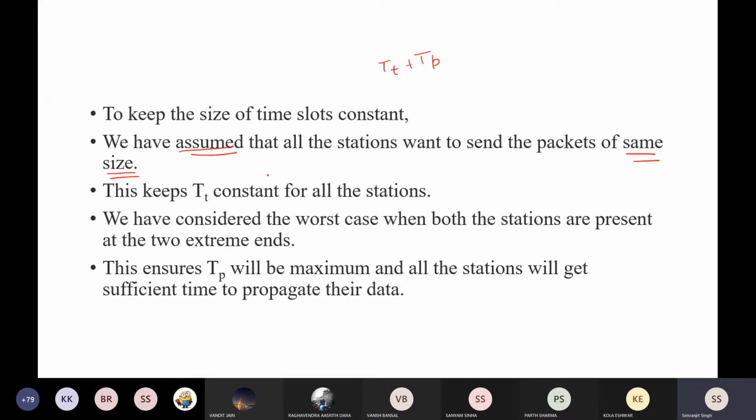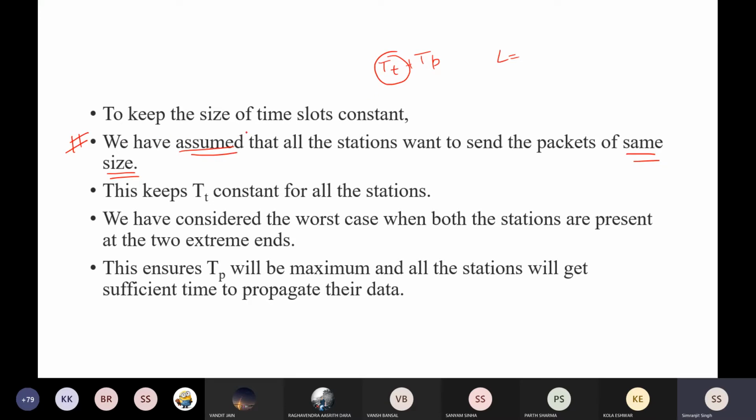I already told you that the assumption is that every packet takes the same amount of time for transmission. If it takes the same amount of time, it means the length of every packet is similar. So that is one assumption here. Most of the time people overlook this assumption, which is why I put it in the PPT.